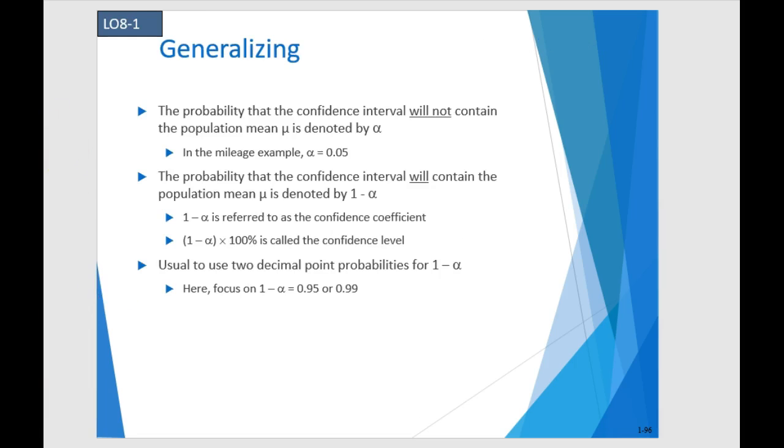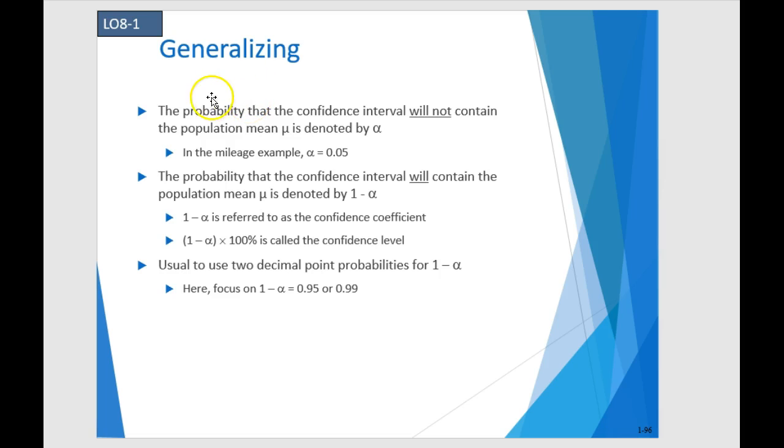If we look at this, the probability that the confidence interval will not contain the population mu is denoted by alpha. So alpha is this new number that we're going to be talking about, and it's type 1 error. I don't generally refer to it as type 1 error, but I wanted to mention it because that is what it is. Beta is type 2 error. We really don't get into beta in this class, but alpha is essentially the probability that we draw a conclusion and it's wrong.